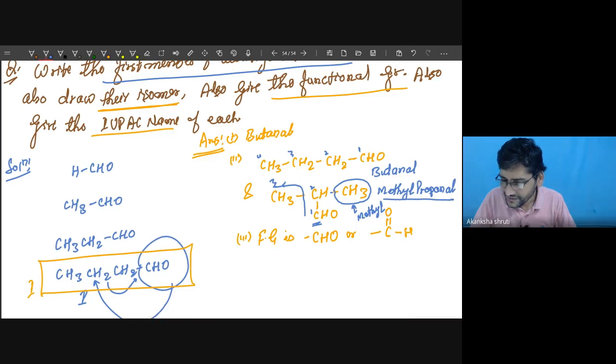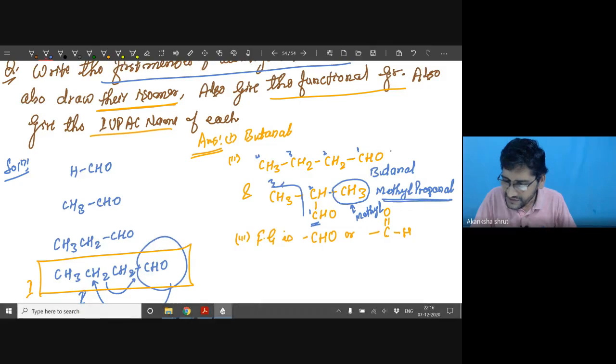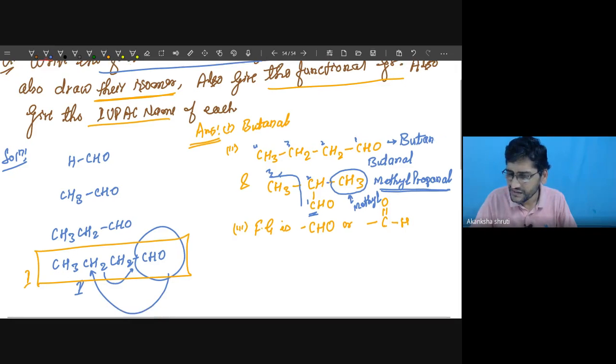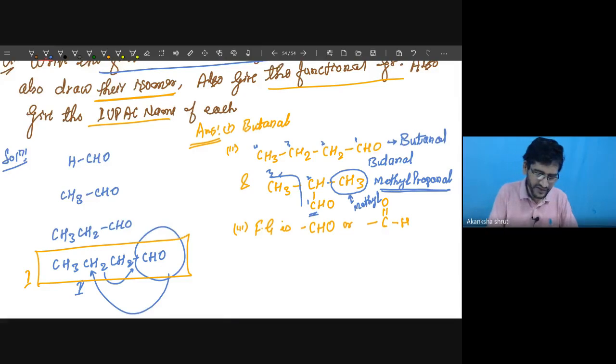Okay, so one name is this, and this was our butanal. With direct counting of the carbon, we have reached butanal. Students, any doubt then please ask. Otherwise, I have explained all the possibilities of how the questions are framed.